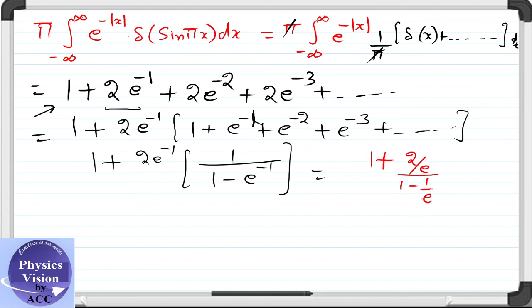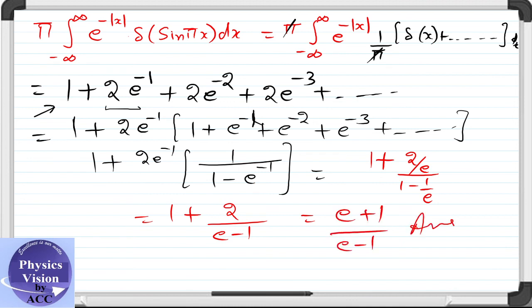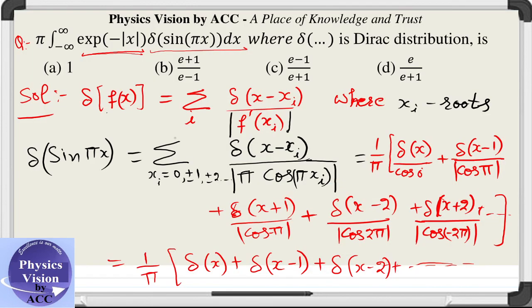Taking e as the LCM, we get 1 plus 2 by e minus 1, and taking the LCM again, it becomes e plus 1 divided by e minus 1. It's a simple calculation, and e plus 1 upon e minus 1 is our answer. That is given in option B. So option B is the correct answer to this question.